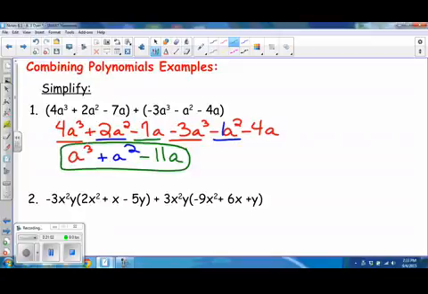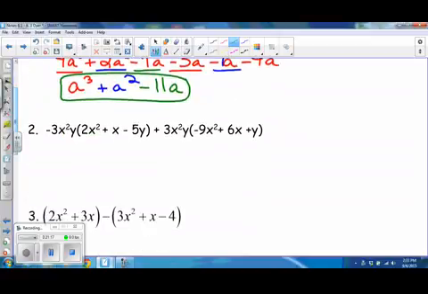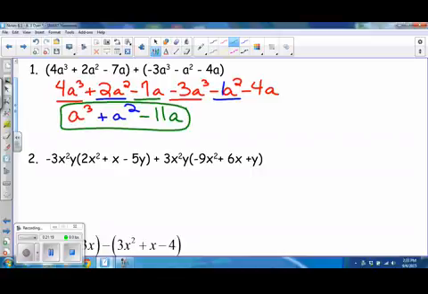So that is my answer: a to the third plus a squared minus 11a. Any questions? No? So you can start copying example 2, and then we'll talk about it.